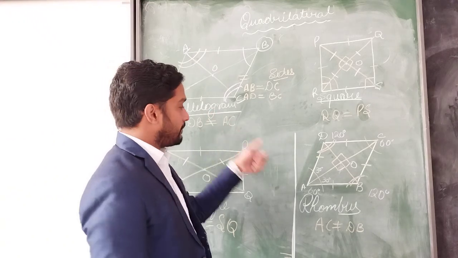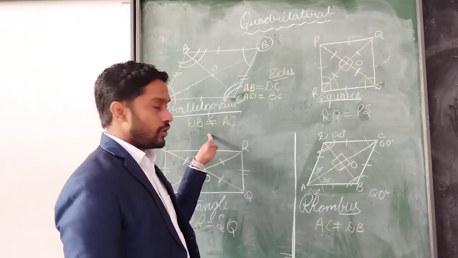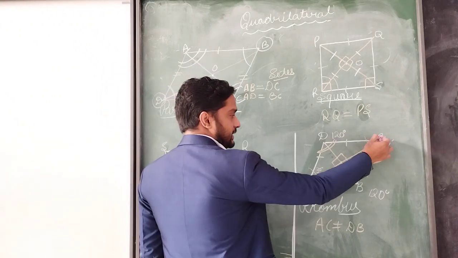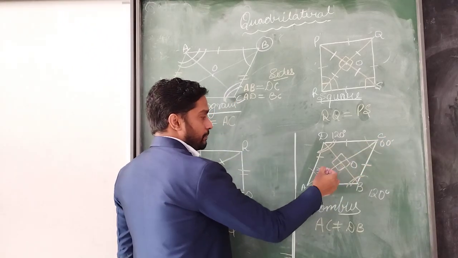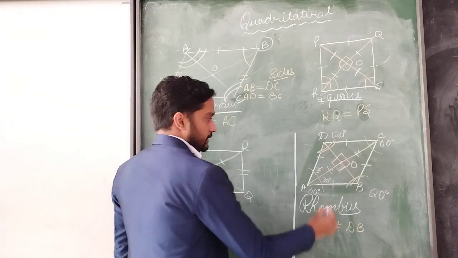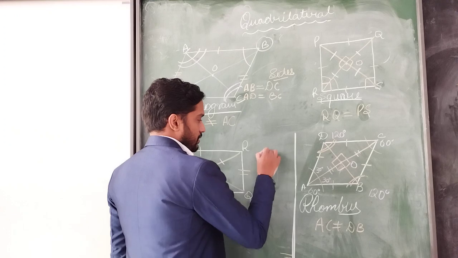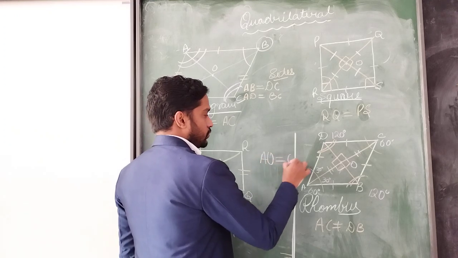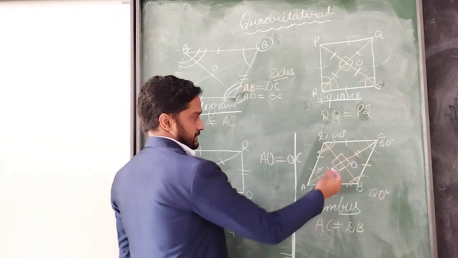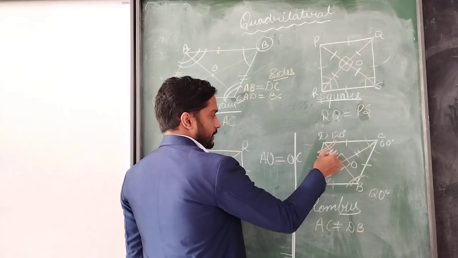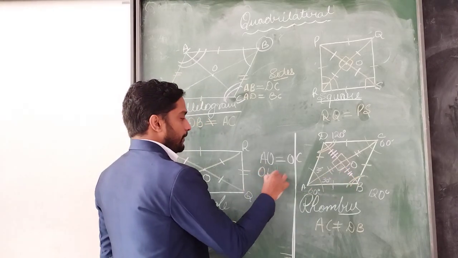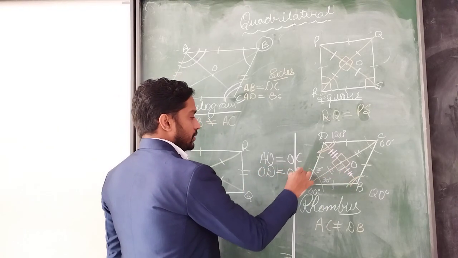In case of parallelogram and rhombus, the diagonals are not equal, but they also bisect each other. Like if AC is 10 centimeter, it will divide into two equal parts, AO will be equal to OC. And if DB is 8 centimeter, OD will be equal to OB.